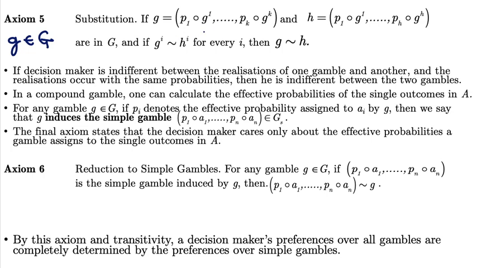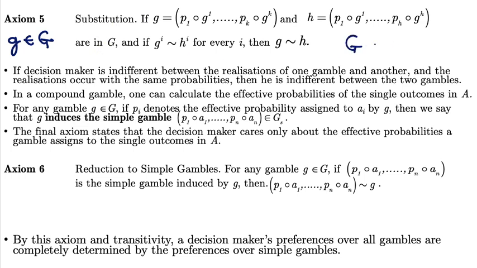So G is the probability of outcome 1, a composite of gamble 1 of outcome 1, until the probability of outcome K, a composite of gamble of outcome K, and we have another gamble, which is H. H here is the probability of outcome 1, the composite of gamble outcome 1, until H. Both of them, G and H, are gambles in the set of gambles.